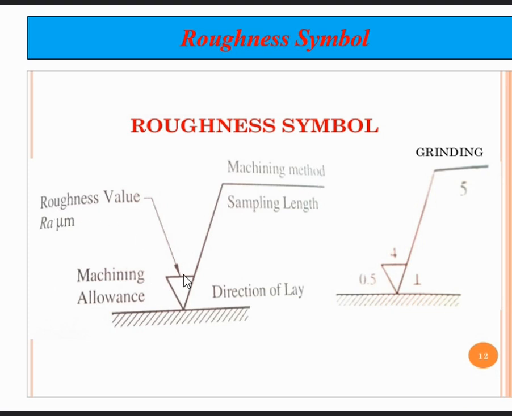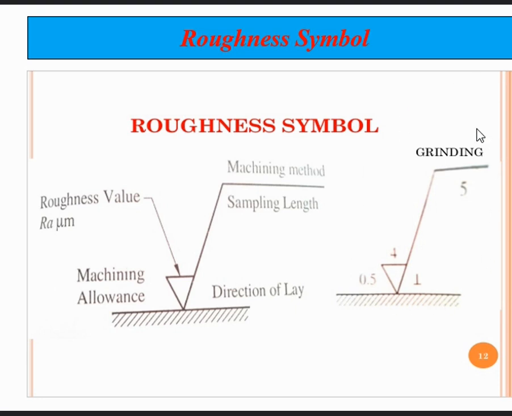This part, the base of the triangle, is called the roughness value. That is the mathematical value that you want after the machining process is over. This part will mention the machining allowance, this part will mention the sampling length, and this little part will mention the direction of lay.